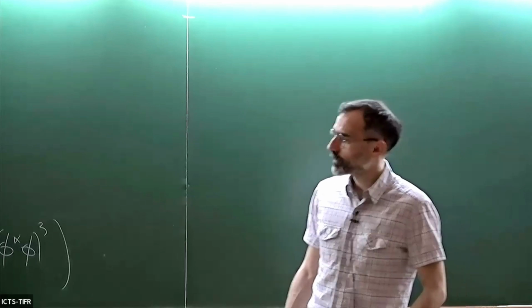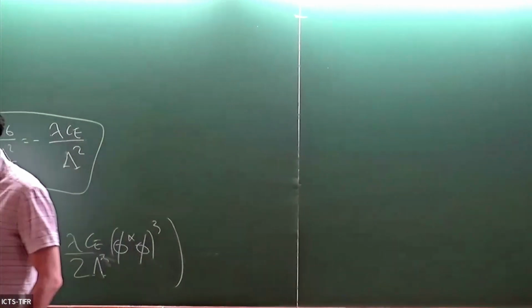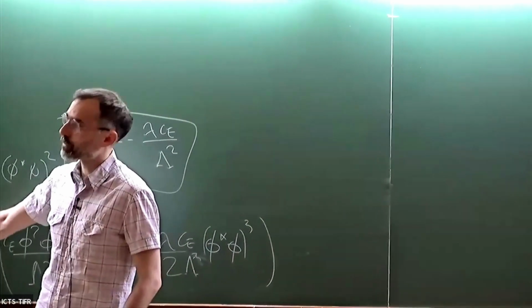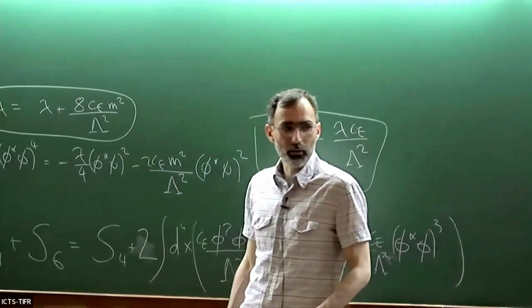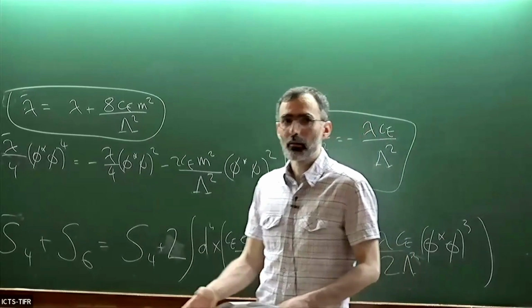Well, you couldn't have introduced anything new at dimension 4 because that's the complete dimension 4 Lagrangian. Anything new at dimension 6, well, again, we're using that to redefine it, but that's the point of a complete basis, that there's nothing new happening. Yeah, but thanks for that question. Any other question?